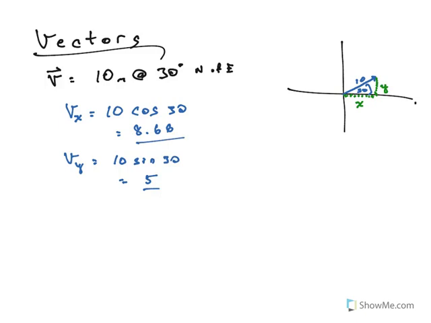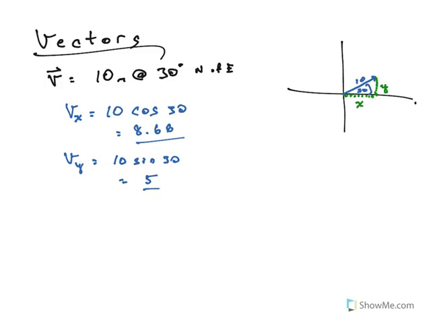Now here's what you need to know. Mathematicians, physicists, and engineers write things differently. They all mean the same thing, but we all have our little quirks about how we want to define things. Well, physicists and mathematicians are pretty close. They pretty much agree on how to write things in general.